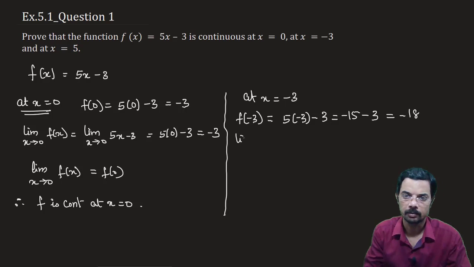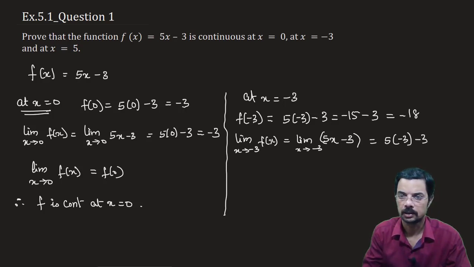Same way, limit x tends to minus 3, it is not from the left, it is negative 3. f of x will be equal to limit x tends to minus 3, 5x minus 3, because that is how the function is defined everywhere, right? So that will be equal to 5 into minus 3 minus 3, which is again equal to minus 18.